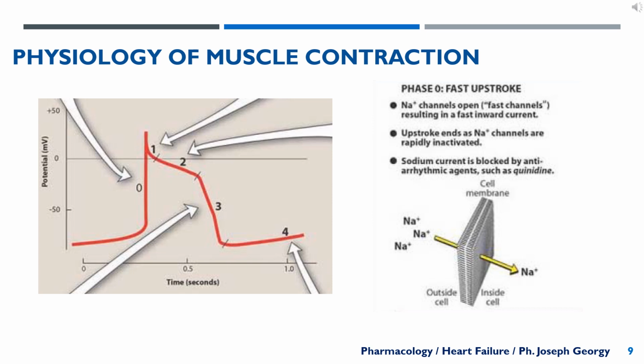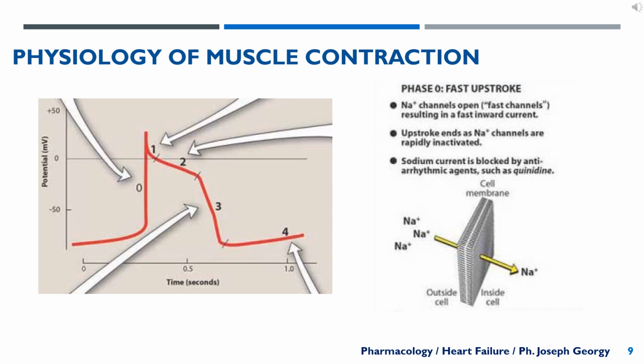There is a change in the concentration of positive ions or cations between the inside and the outside of this cell, and these changes in the charge inside and outside the cell will lead to the potential, and as a result we will have a contraction of the heart muscle cell.